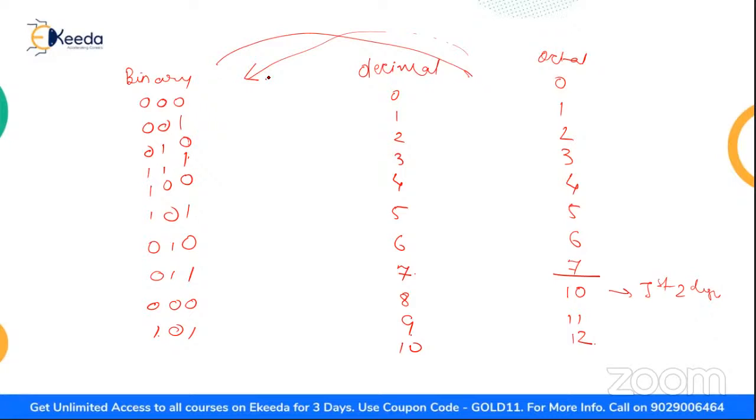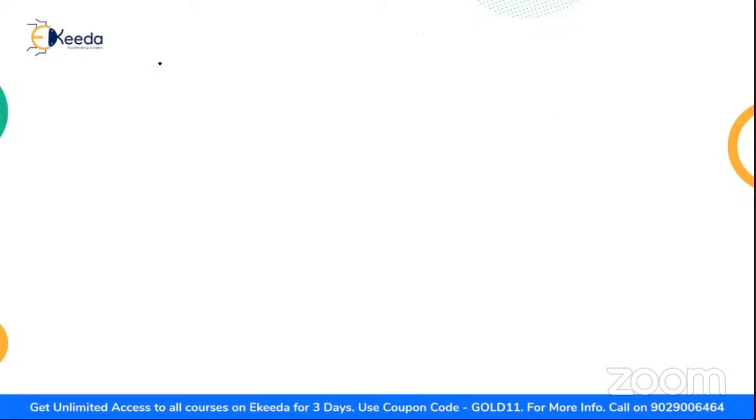Okay. So I will tell you how to write down decimal to octal. 4, 5, 6, 7, 8, 9, 10, 11, 12, 13, 14, 15. So this is decimal.